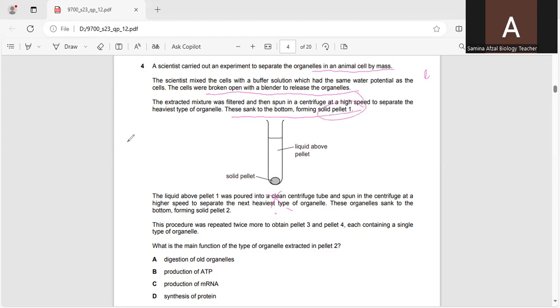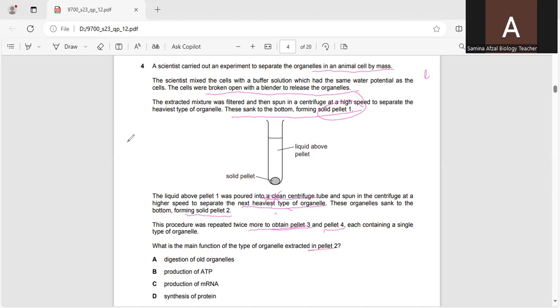The liquid above pellet 1 was poured into a clean centrifuge and spun at a higher speed to separate the next heavier organelle. These organelles sank to the bottom, forming solid pellet 2. This procedure was repeated to get the third and fourth pellets. What is the main function of the type of organelle extracted in pellet 2?